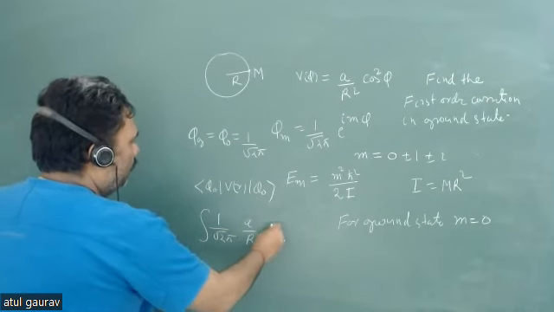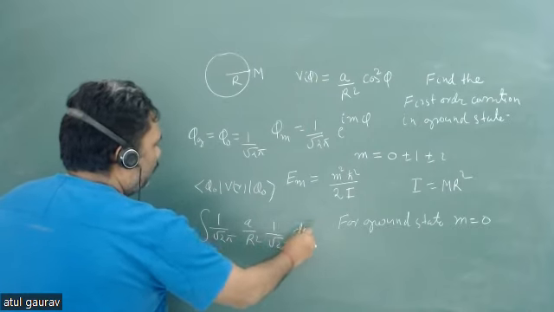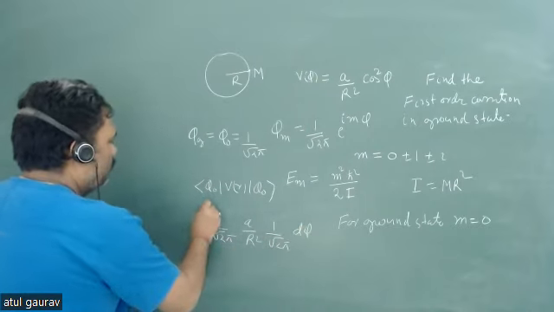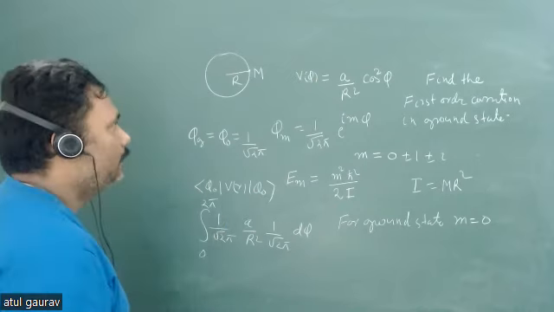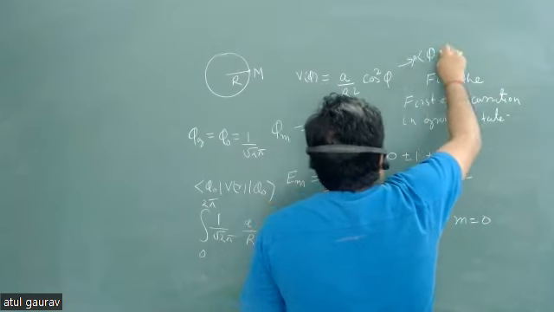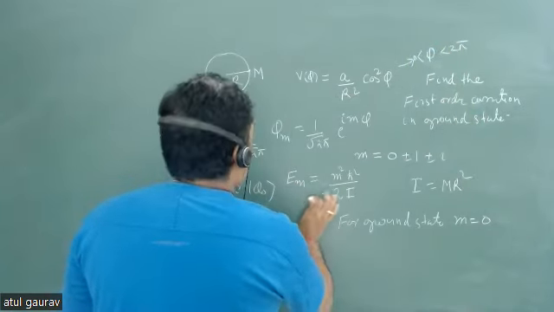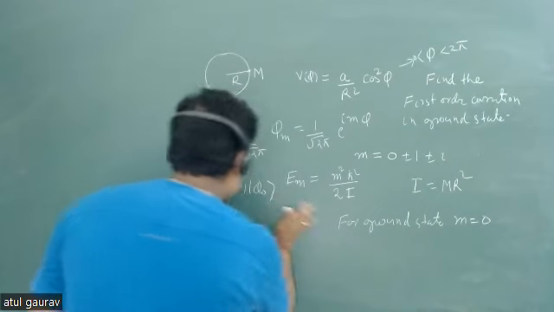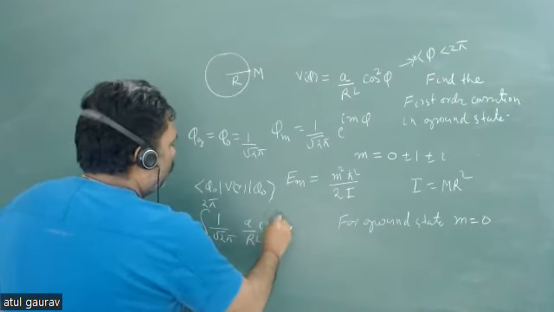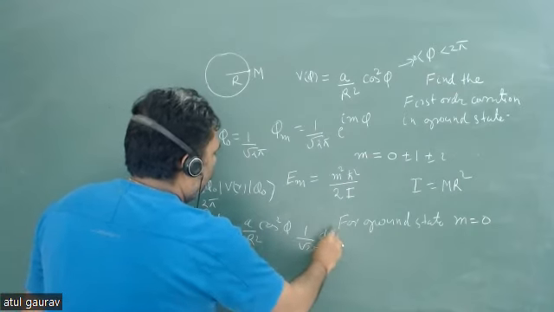Again the value of phi naught? 1 upon root 2 pi. d phi. Where will you integrate from and to? 0 to 2 pi. That's it. And here phi should be given, this phi is between 0 to 2 pi. Sorry, what else is there? Cos square also. Sorry. This value A cos square phi, 1 upon root 2 pi, d phi.